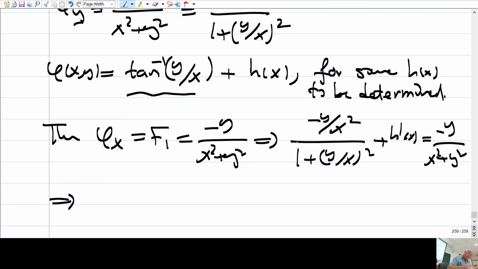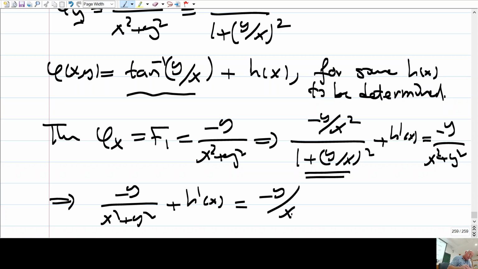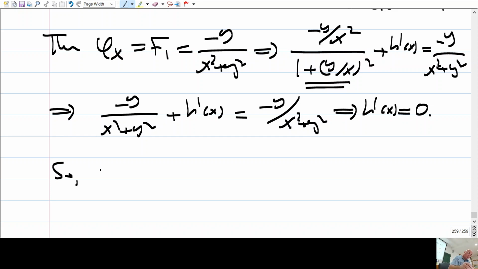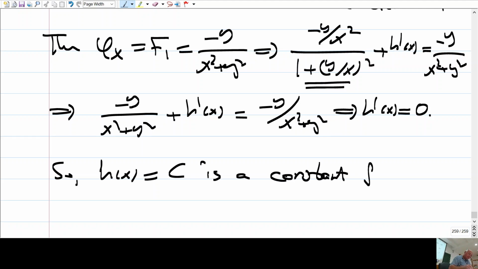Well, from this we see that the first expression here is just minus y over x squared plus y squared, plus h prime of x is minus y over x squared plus y squared. And from this we see that h prime of x is just 0. So h of x is a constant. It is a constant function.